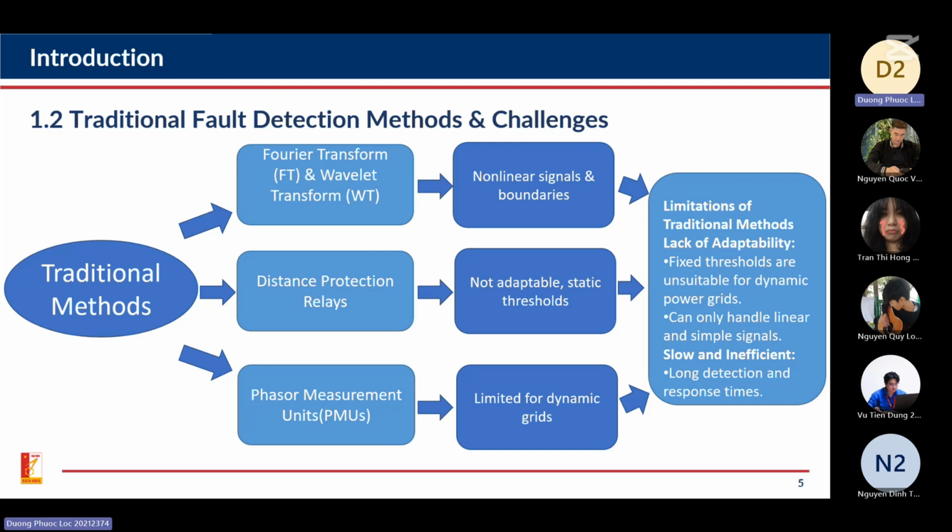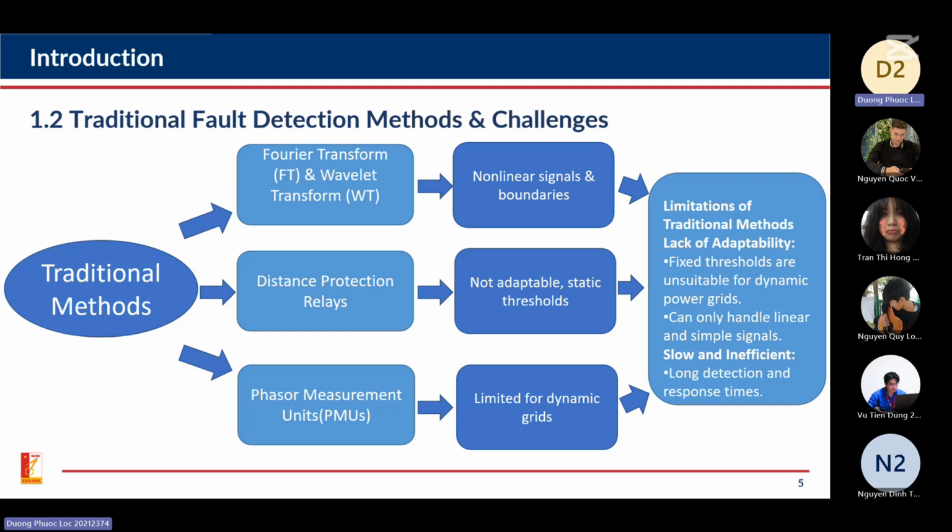However, Fourier transform struggles with nonlinear signals and has poor time resolution, which is a significant drawback given the transient and nonlinear nature of faults on modern transmission lines.